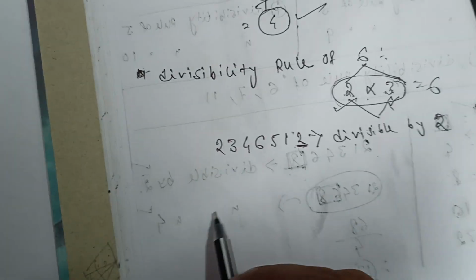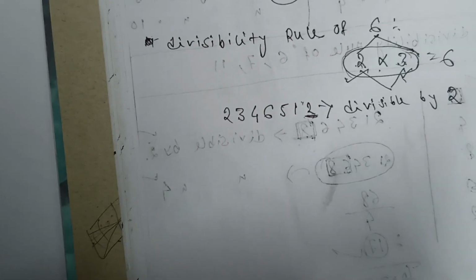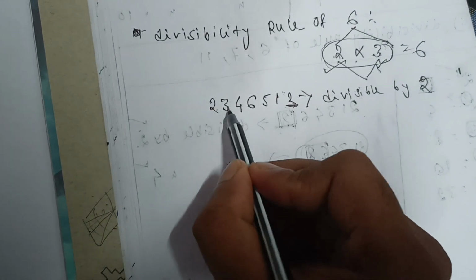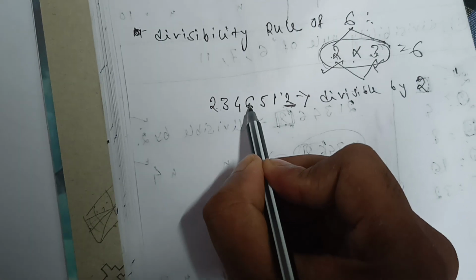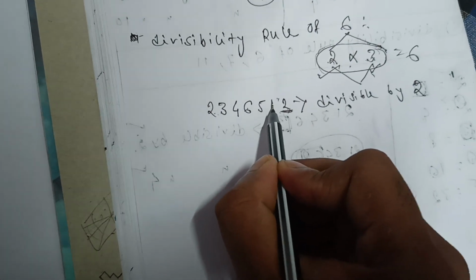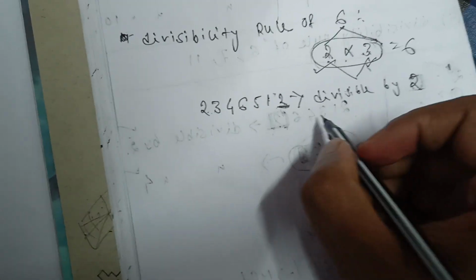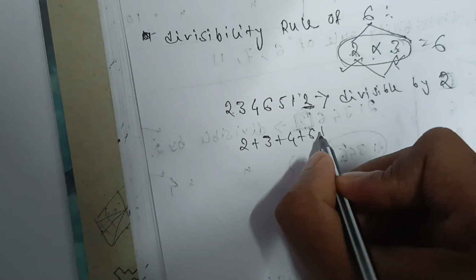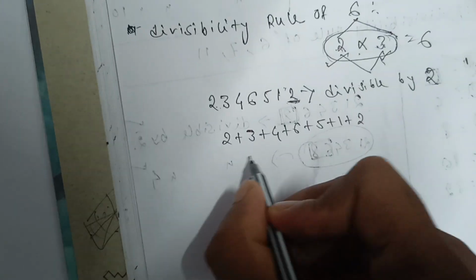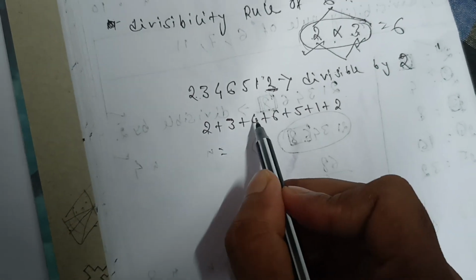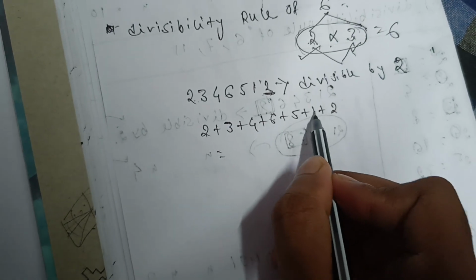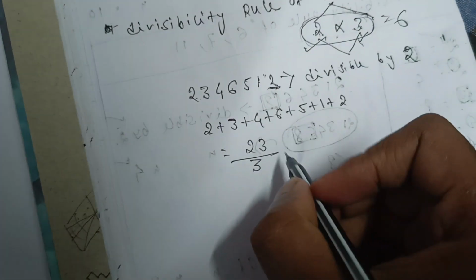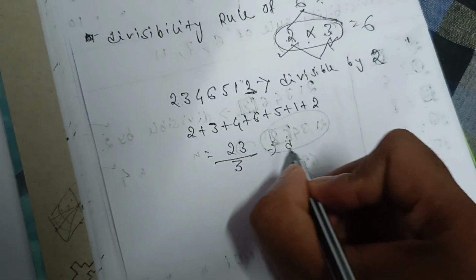Okay, and what is the divisibility rule of 3? We have to check the sum of the digits: 2 plus 3 plus 4 plus 6 plus 5 plus 1 plus 2. What will I get? 5, 9, 15, 20, 21, 23. But this is not divisible by 3.